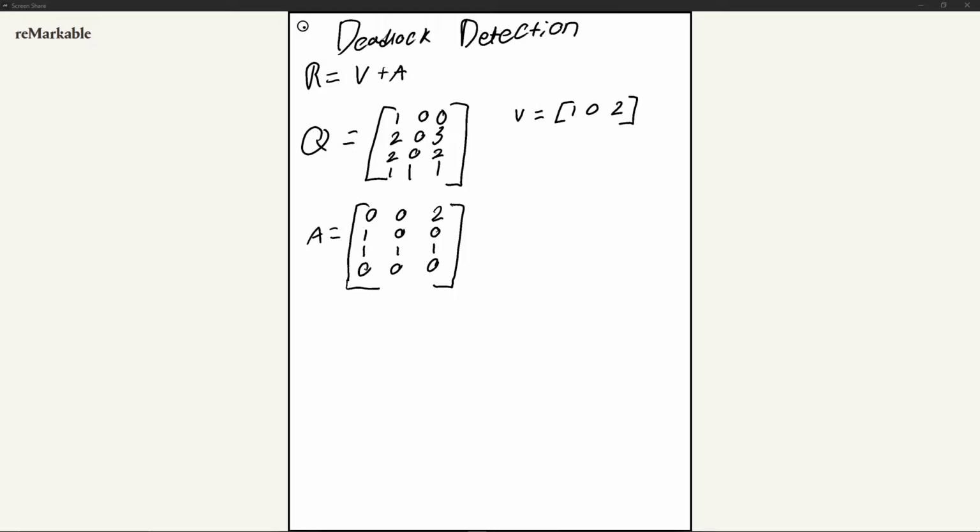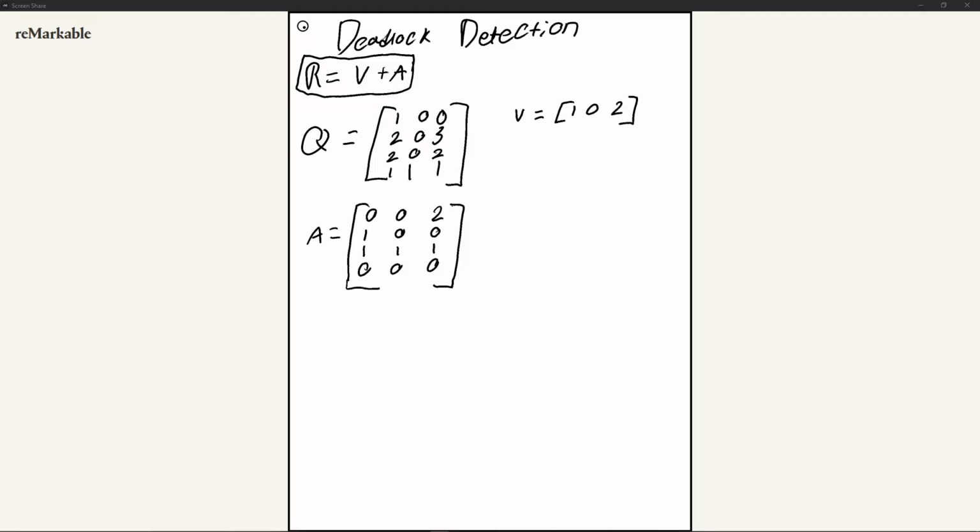Technically, we're not going to be using R. R is mainly only used to find V. So we don't really need R, but this is the formula you're going to want to write down for your extra credit tomorrow.